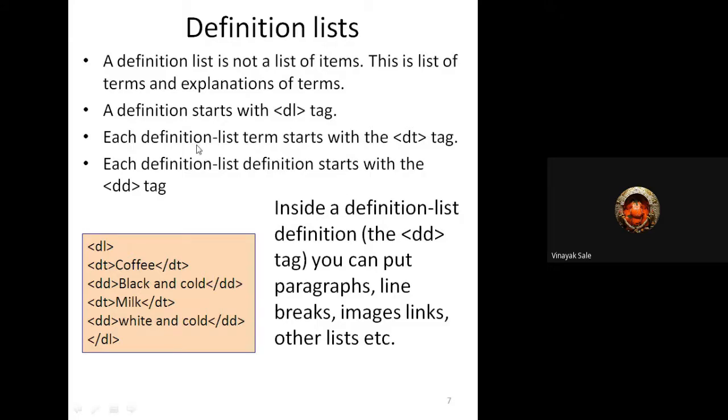Okay. Each definition list term starts with the DT tag. D for definition and T for term, term of list. And each definition list definition, see here.